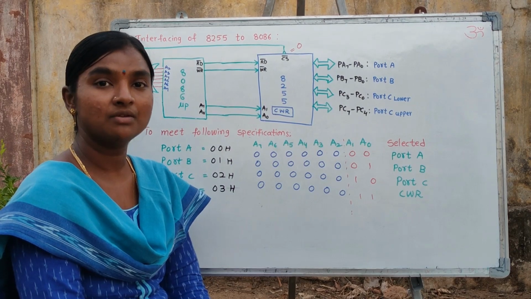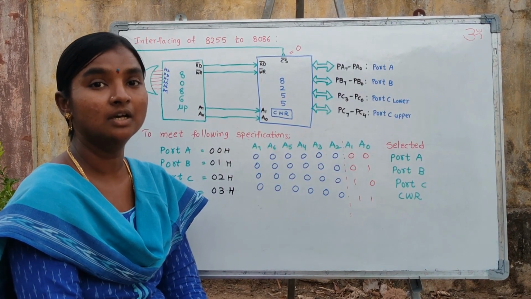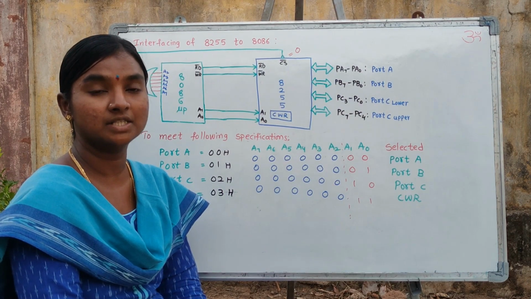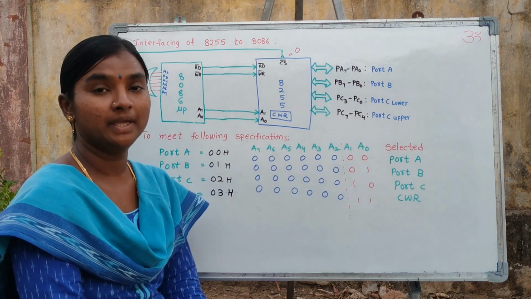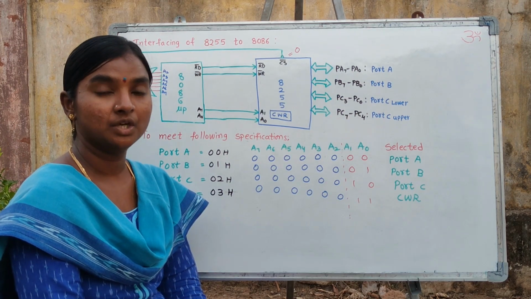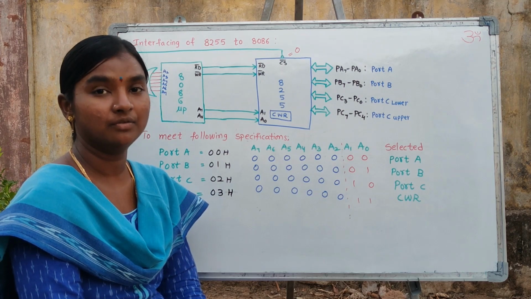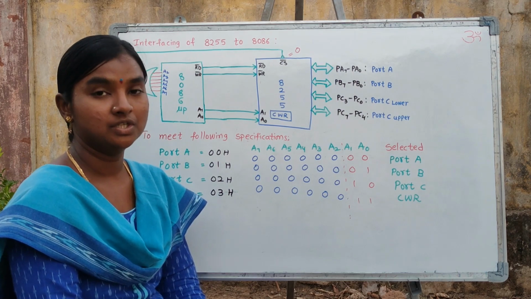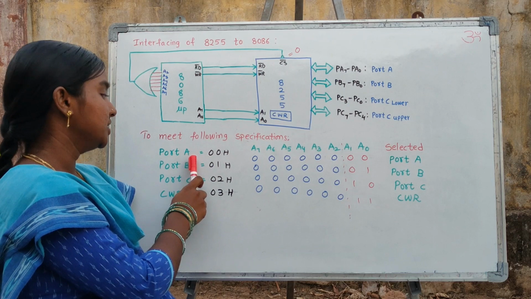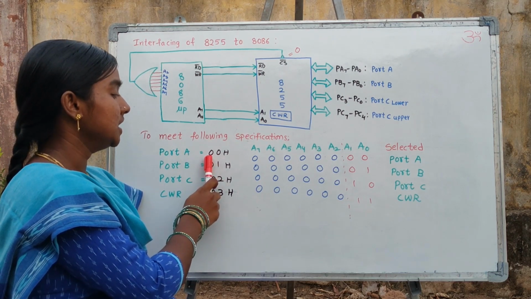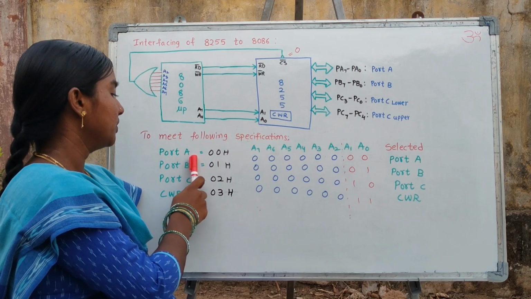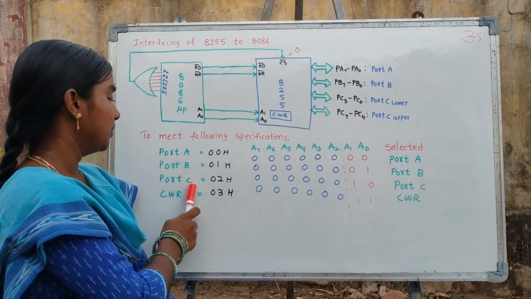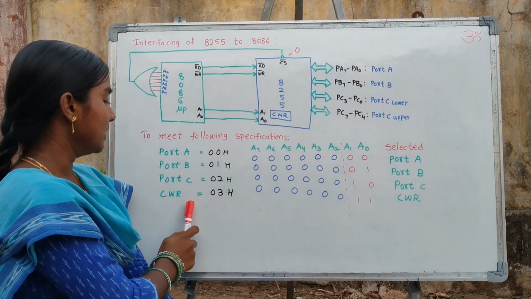By using this process of interfacing, we generate the port address locations: port A at FCH, port B at FDH, port C at FEH, and the control word register at FFH. Suppose the port addresses are already specified as 00H for port A, 01H for port B, 02H for port C, and 03H for the control word register.